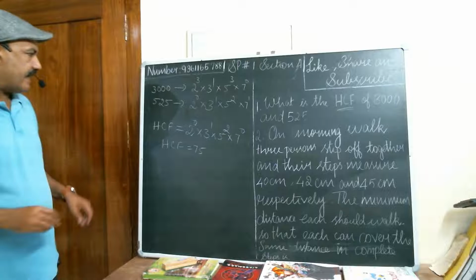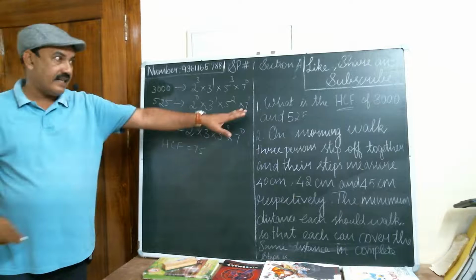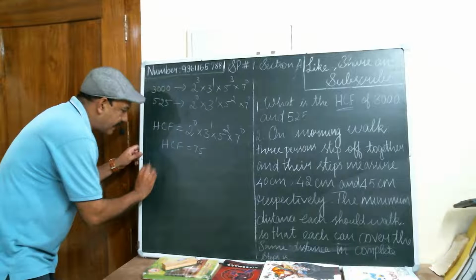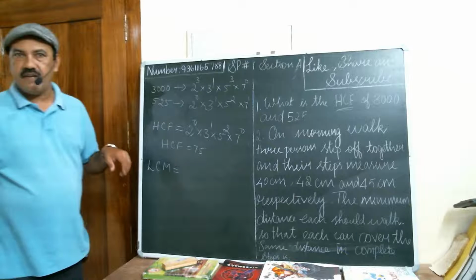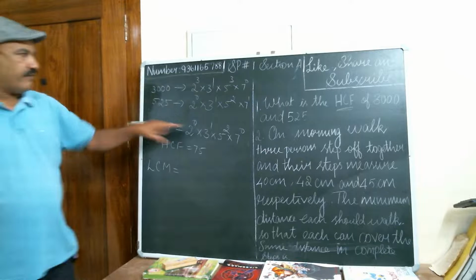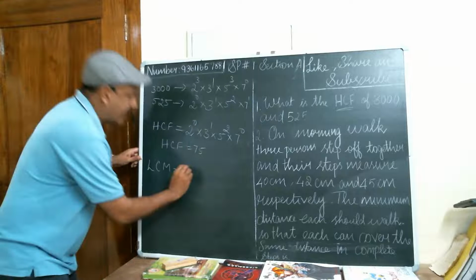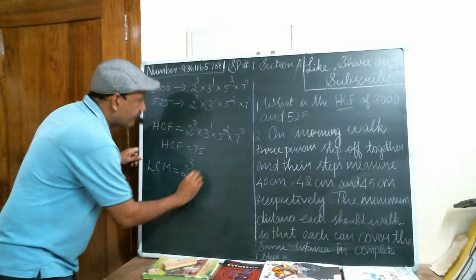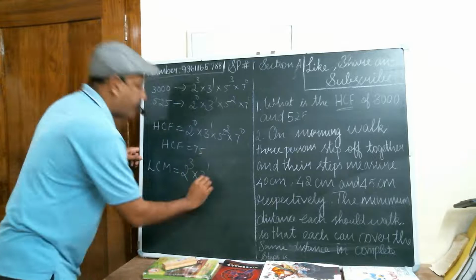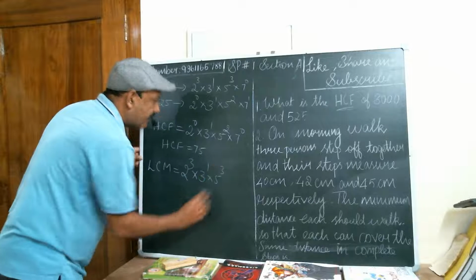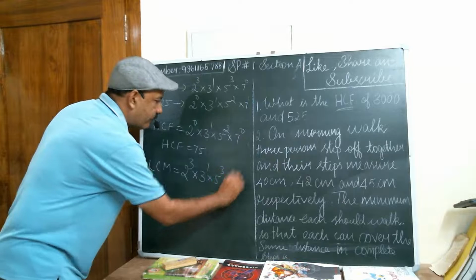In case they were asking the LCM, though it is not asked, suppose let us imagine they also asked the LCM. What you have to do is take the highest power instead of the lowest power. Among 2, the highest power is 3. Among 3, the highest power is 3 power 1. 5 power 3, 3 is the highest power for 5, and 7 power 1.